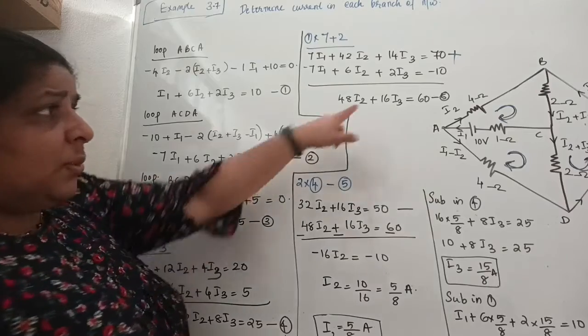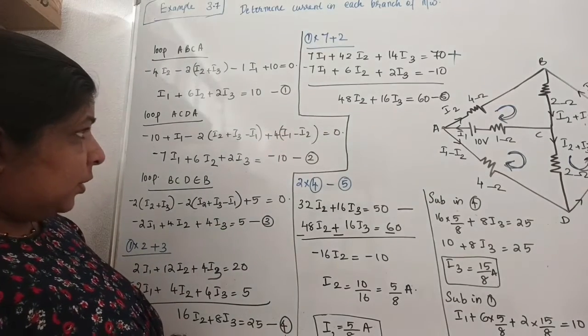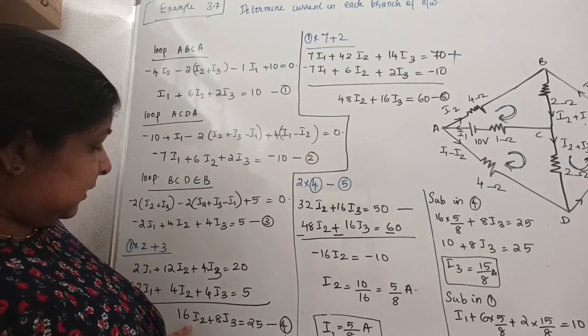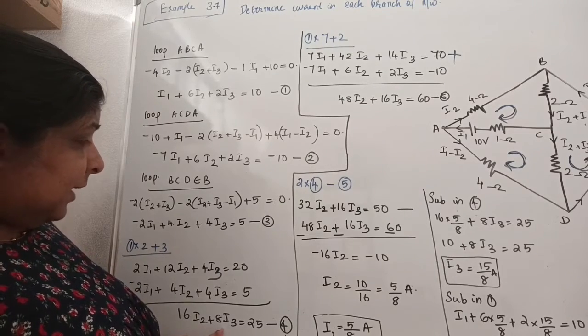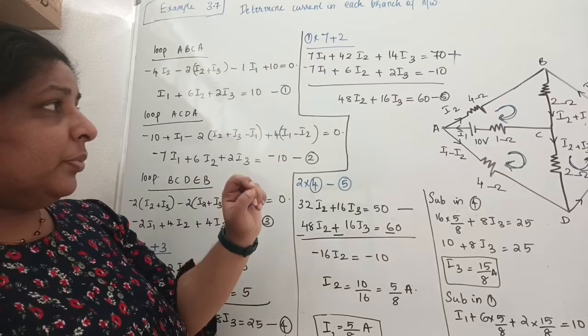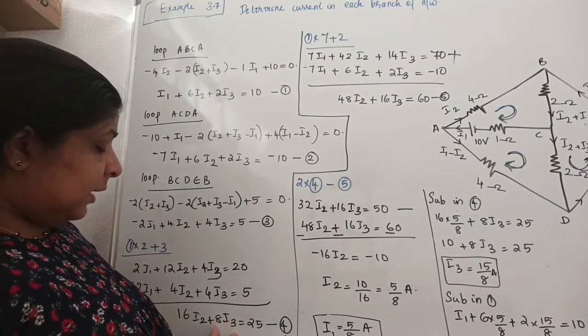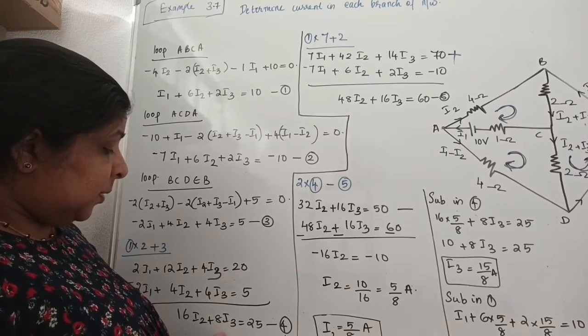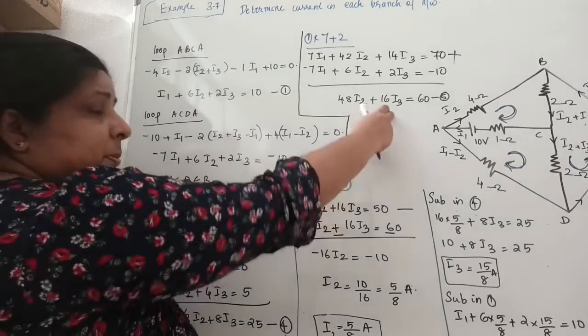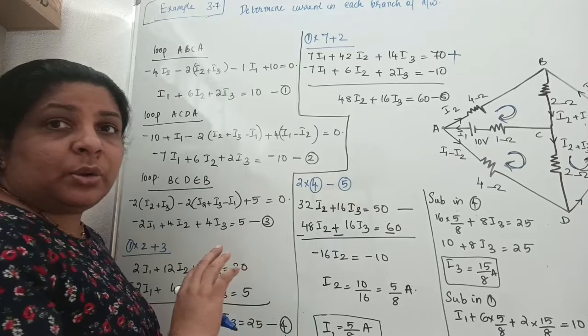Now when you check equation numbers 4 and 5, you can see there is 16I2, there is 8I3 and there is 16I3. If I multiply equation 4 with 2, this will become 16I3, and if I subtract these two equations, the I3 term will go.